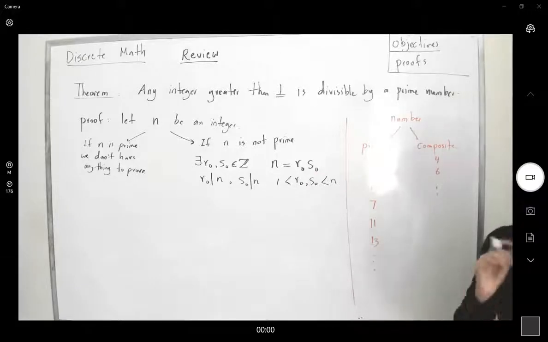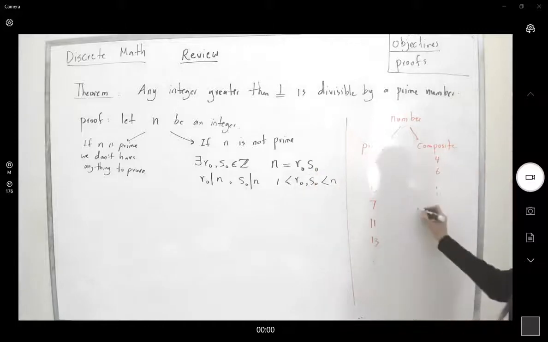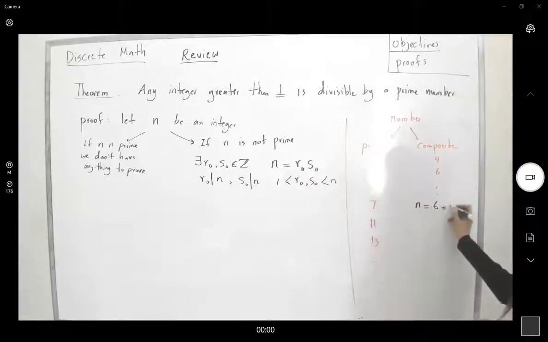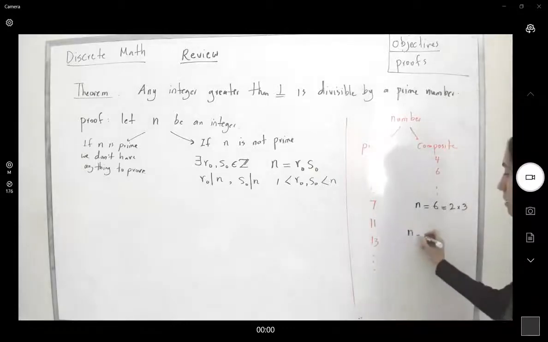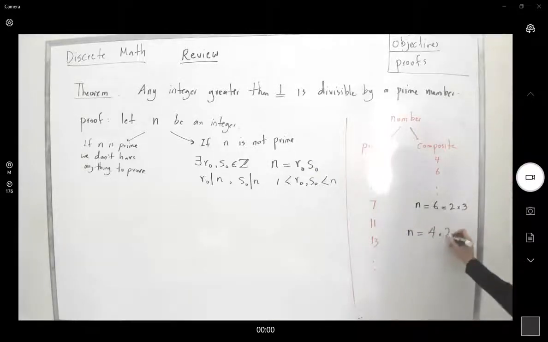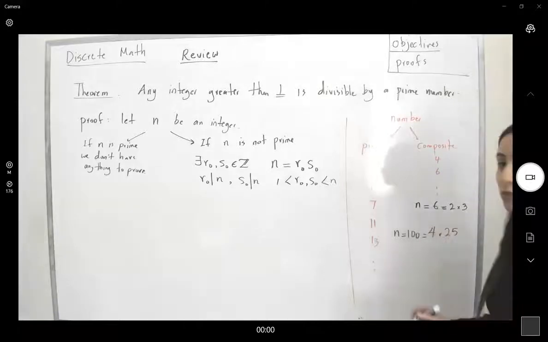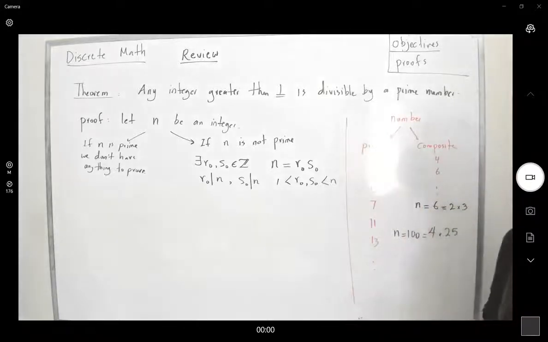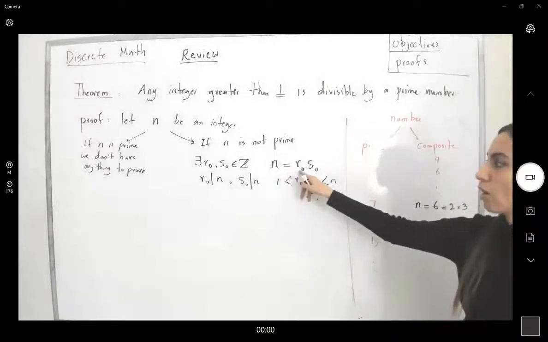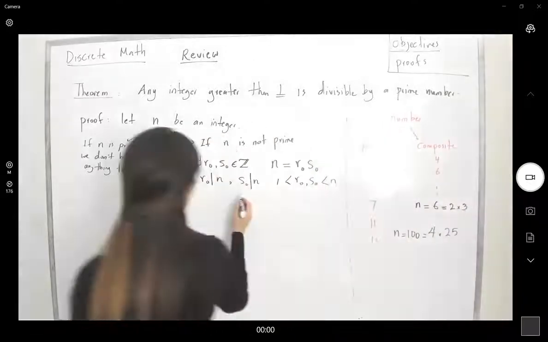Now we start. Which case is this? Is this the case that n is equal to 6, 2 times 3? Or is this the case that n is equal to, for example, 4 times 25, 100? Which case is this? We cannot exclude all of these cases, so we have to think about the general case. For n equals r sub 0 s sub 0, we have two options.